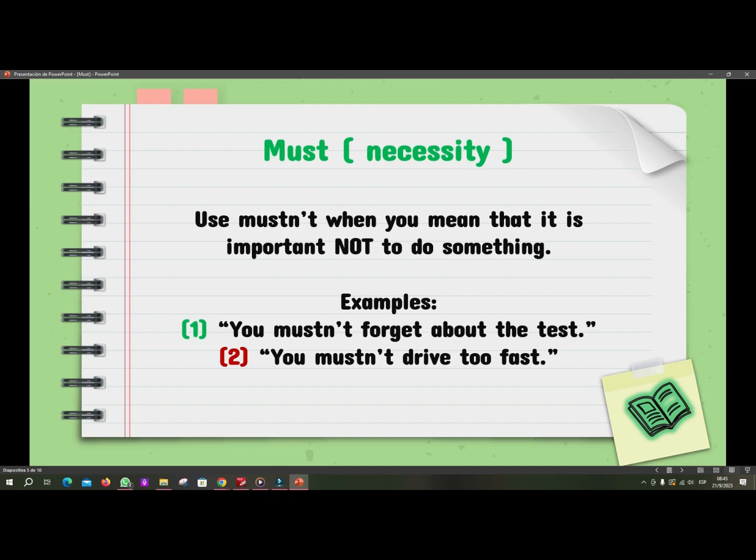No debes olvidarte del examen. ¿Por qué? Si no realiza evaluaciones, no aprueba el curso. O you mustn't drive too fast. Sonaría más como un consejo, ¿verdad? Que no debería manejar muy rápido, pero no debes manejar rápido. That would be like something that is important not to do, right?